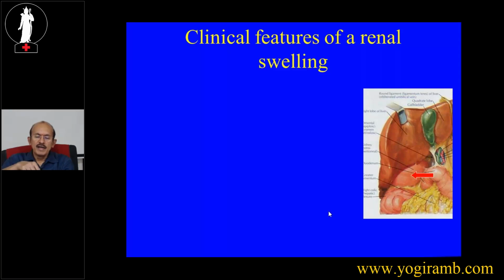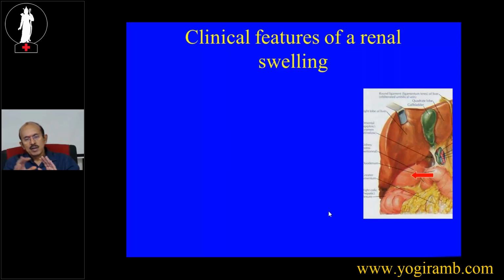For example, if you take a coin and you just toss it, it moves up and down. Similarly, what you do is you keep your hand under the flank and keep your right hand over the front of the abdomen. Then you just toss the swelling with your left hand like this. The swelling goes up, touches your right hand and again falls down. So this just speaks about the anterior-posterior mobility of the swelling, that's all.